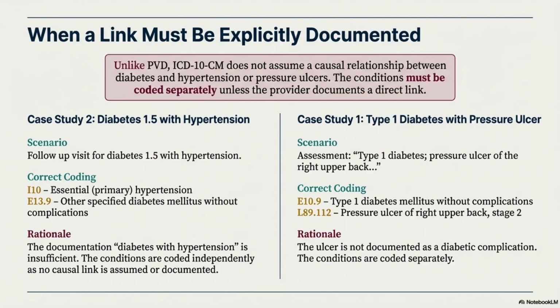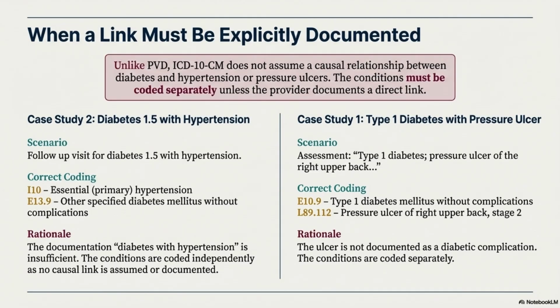If a more specific term is documented, such as diabetic hypertension, or hypertension due to diabetes, then a combination code could be used to capture the relationship. Without that documentation, each condition must be coded on its own. That leads us to I10 for essential hypertension and E13.9 for other specified diabetes without complications.